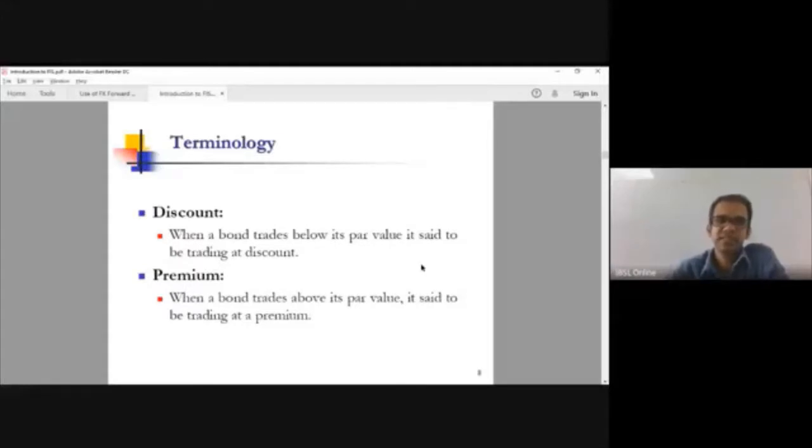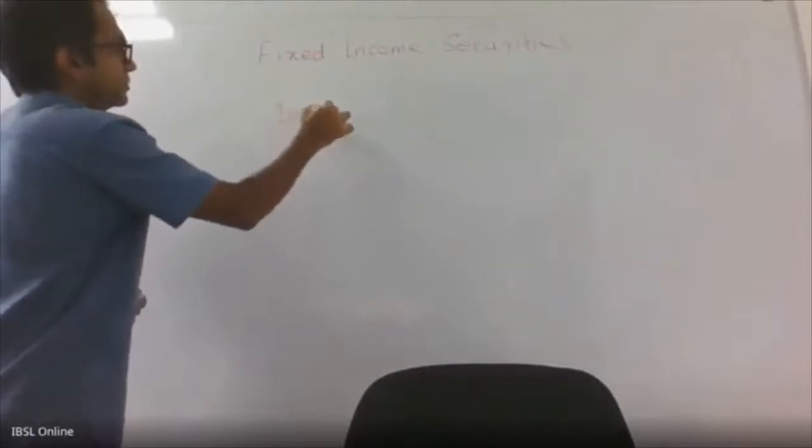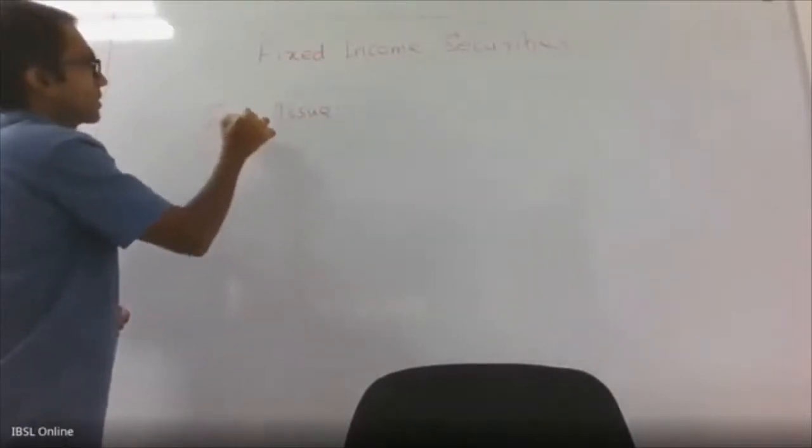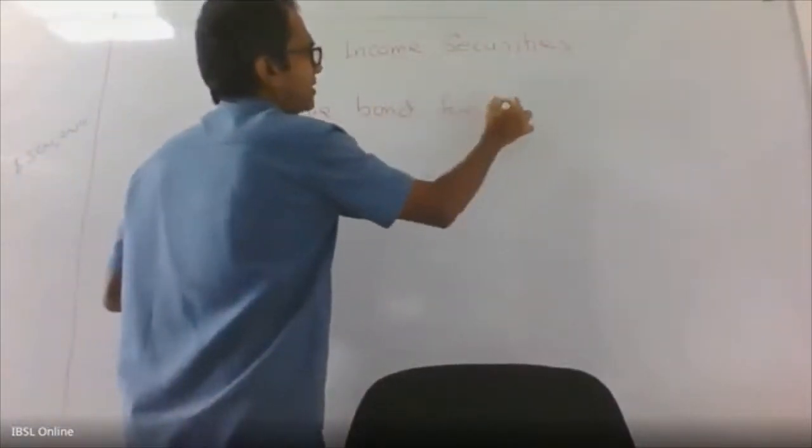Then the discount. This relates again to the par value. As I mentioned earlier, say the government issues a bond for 5 years.